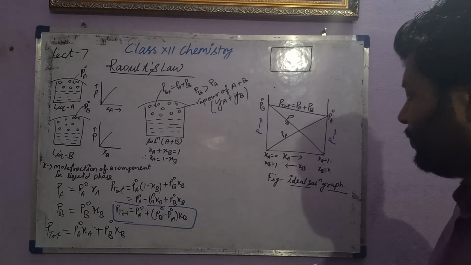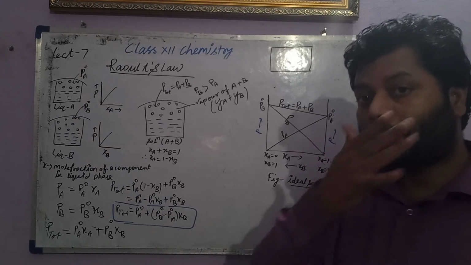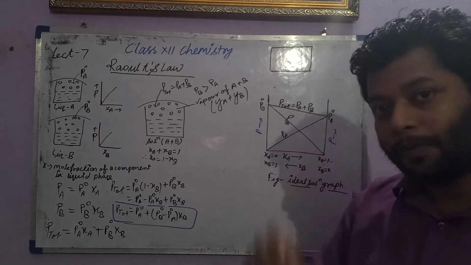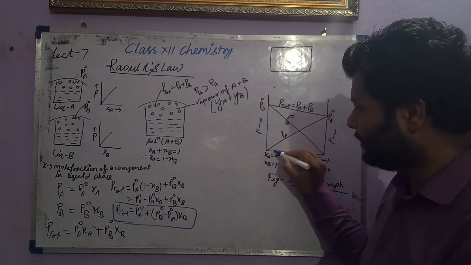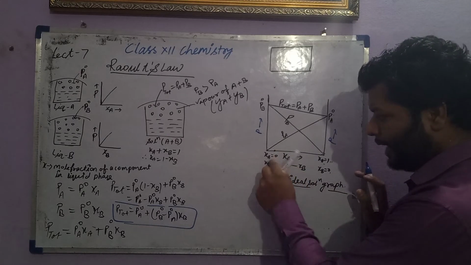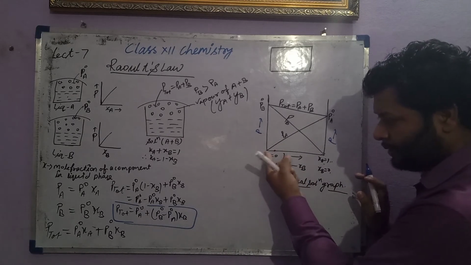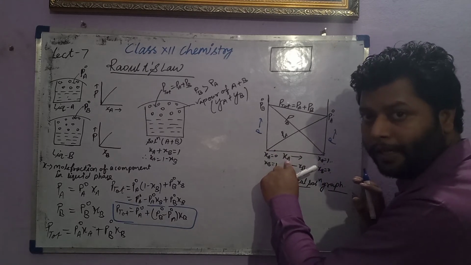From the graph you can see the contribution of B is always very high. How? Suppose we take any point. At this point XA is very small, because from left to right the mole fraction of A is increasing.